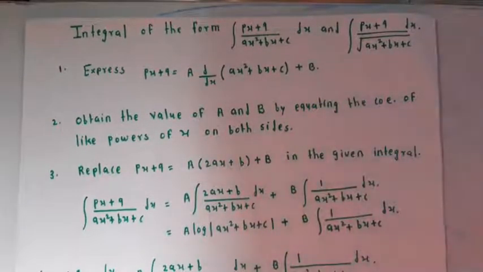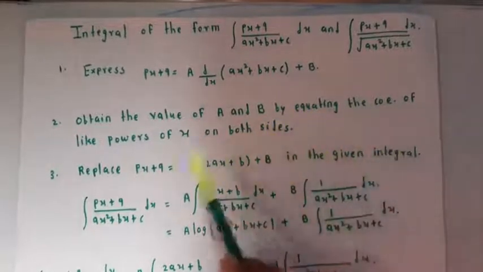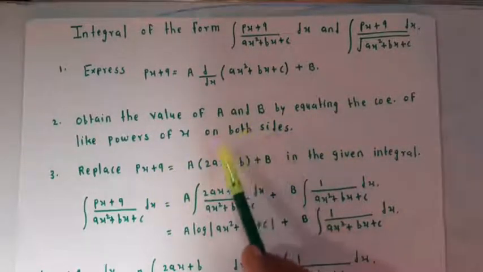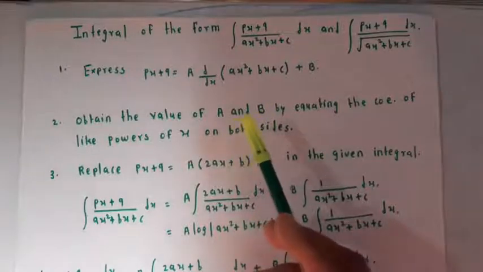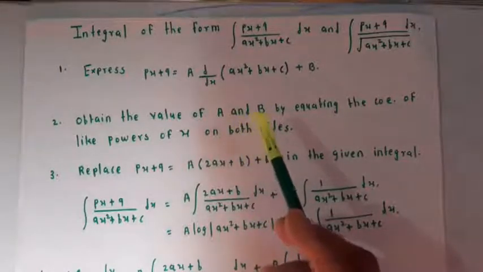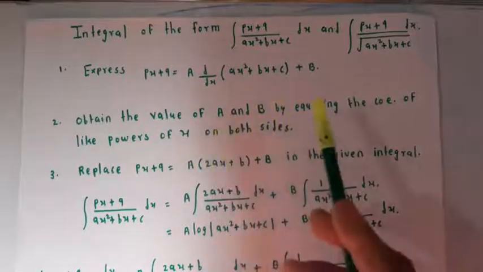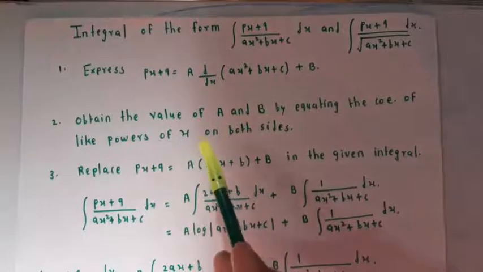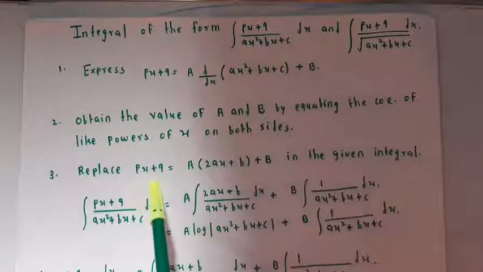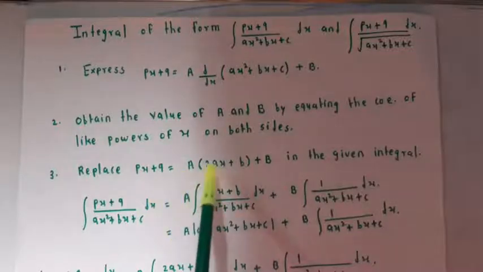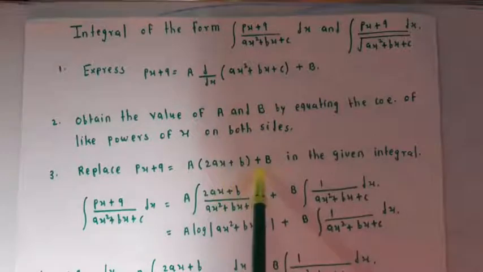Then obtain the values of a and b by equating the coefficients of like powers of x on both sides. Then we can write the numerator, that is px plus q, equal to a into 2ax plus b, that is a into the derivative of the denominator, plus b.